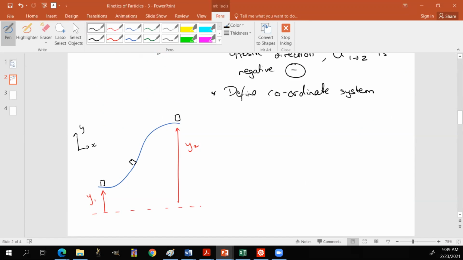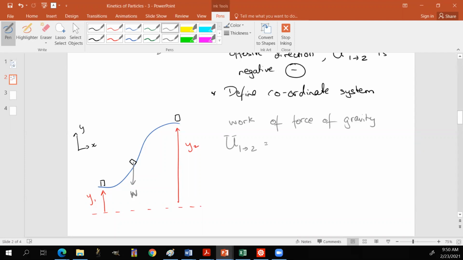And if you're seeing it in any general position, the only force that's acting on this body is the weight, which acts downwards, right? Next, when you're looking at the work of the force of gravity, that's going to be from position 1 to position 2, so U of 1 to 2.